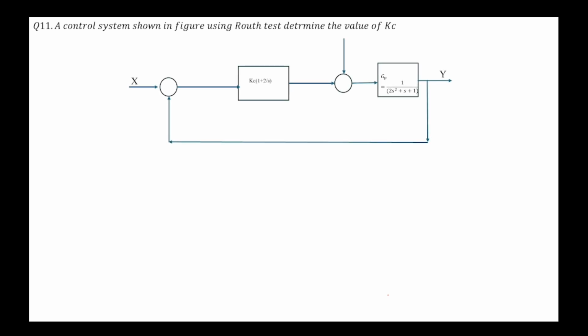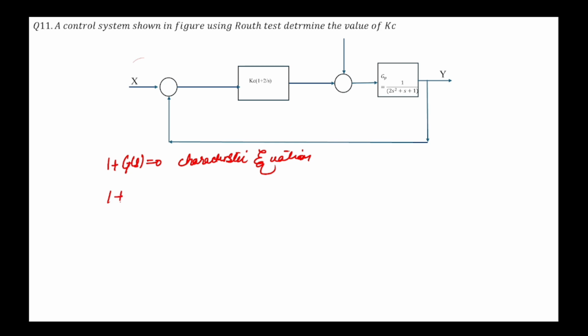A control system shown below, using Routh test determine the value of Kc. Okay, so Routh array, for open loop 1 plus GH is equal to 0. That is the characteristic equation. Okay, this is the characteristic equation.